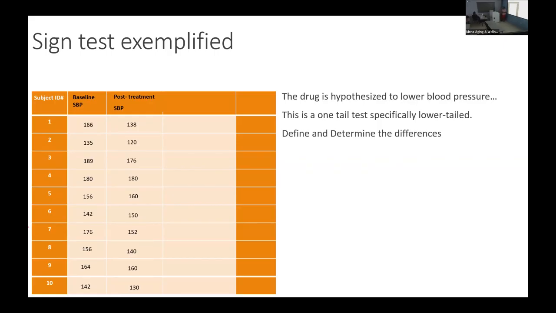Now the first step in applying the sign test is that we need to determine the differences. So we're going to determine the difference between baseline and post-treatment. But it is important for us to define what the difference is and to stick with it, right? So you can't change halfway. It can't be baseline minus post-treatment for subjects 1 to 5, and then vice versa for 6 to 10. We have to stick with it.